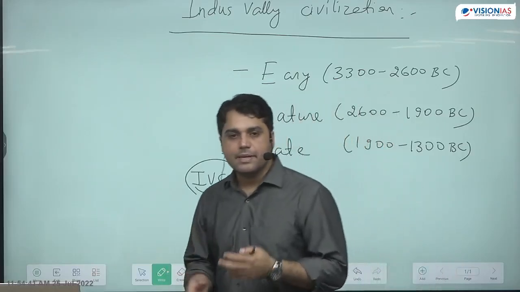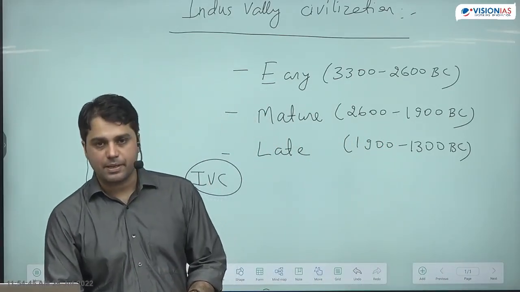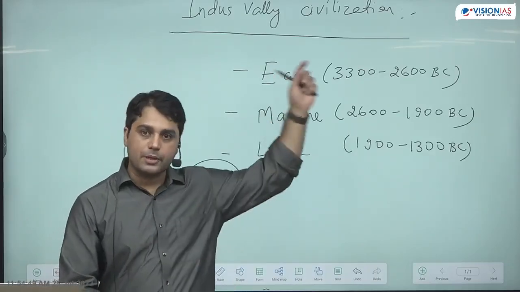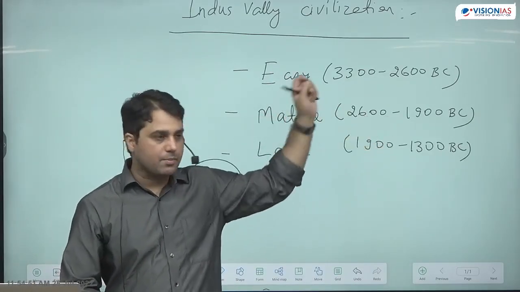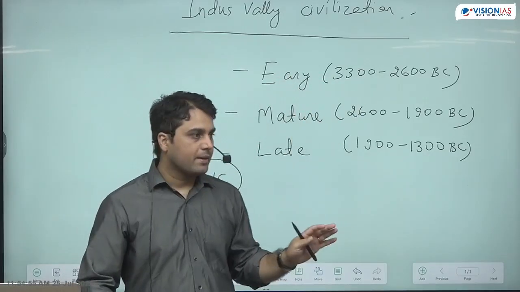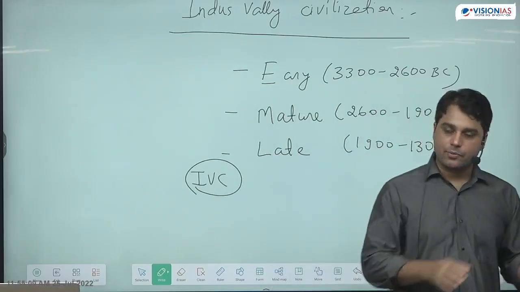Now there were many theories propounded by different historians about how this civilization came into being. One of the earlier theories was that it is an offshoot of Mesopotamian civilization. Mesopotamia is what modern day Iraq is. Mesopotamian civilization includes a lot of things, right? But the center of Mesopotamian civilization is modern day Iraq.